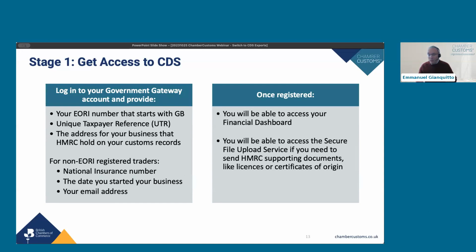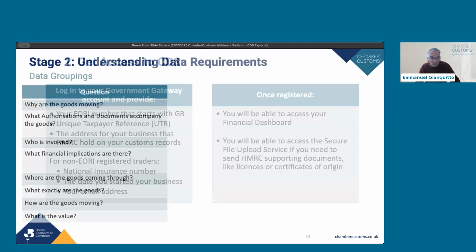That's new. We are moving in the modern times. We've gone away from fax numbers, which is quite good in 2023. You can only access it through the system, so you have to register for CDS through your government gateway.